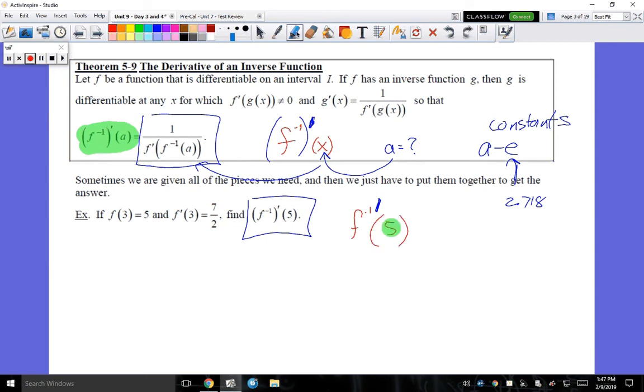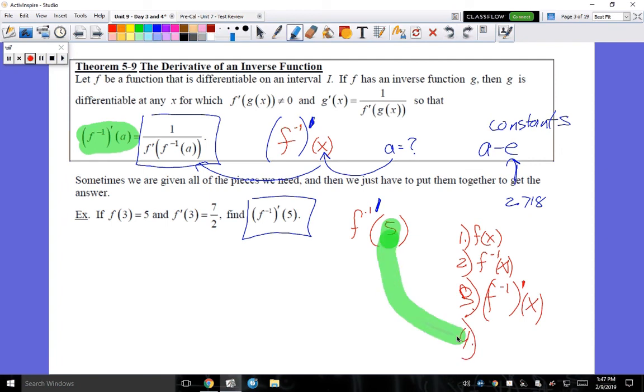Yes, you could establish what f of x is, then find its inverse, then take that inverse's derivative, and then last but not least, step 4, plug in 5 into that derivative of the inverse function and get your answer. That's a lot of steps when we could simply see the pieces we've been given and use this equation, this shortcut if you will, to find the answer. So let's go ahead and get started.